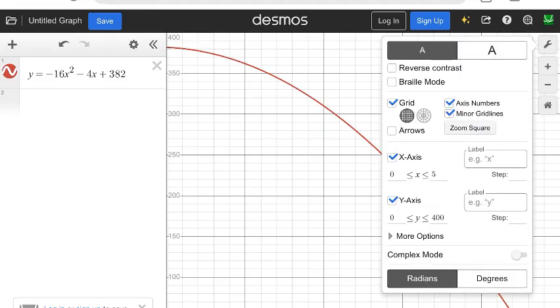What I changed was the X was 0 to 5, the Y was 0 to 400. It's the wrench, a little tool. You change the X, 0 to 5, and then the Y is 0 to 400.